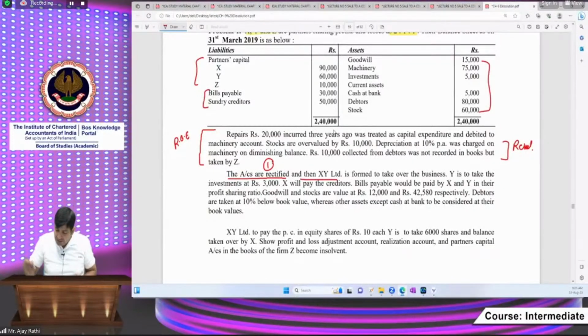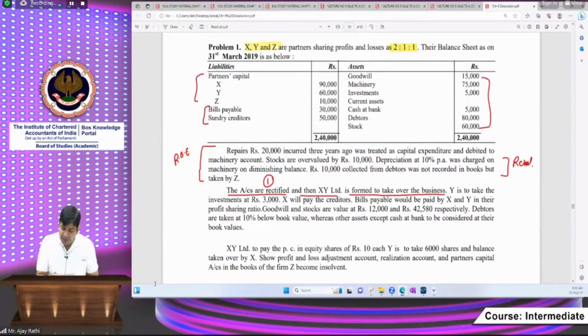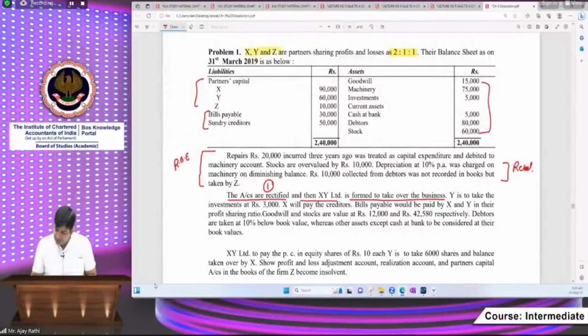Okay, beta. Then XY Limited is formed to take over the business. Okay, beta. And here all the assets and liabilities are not being taken over. Here some of the partners are taking some assets and some of the partners are taking some liabilities.